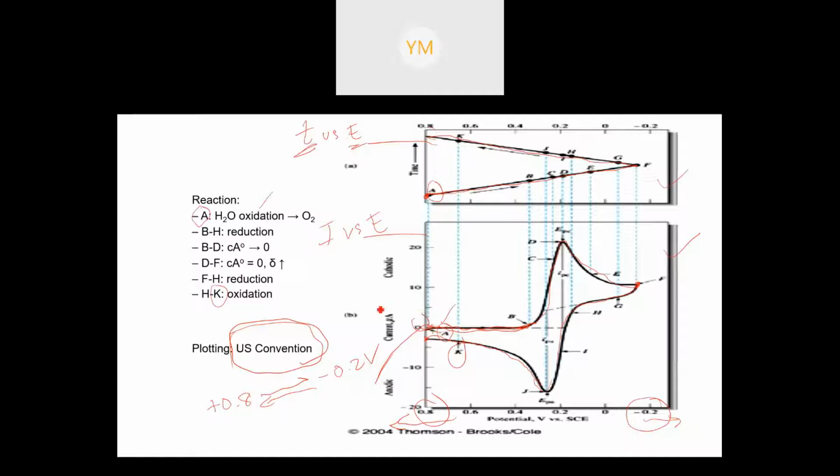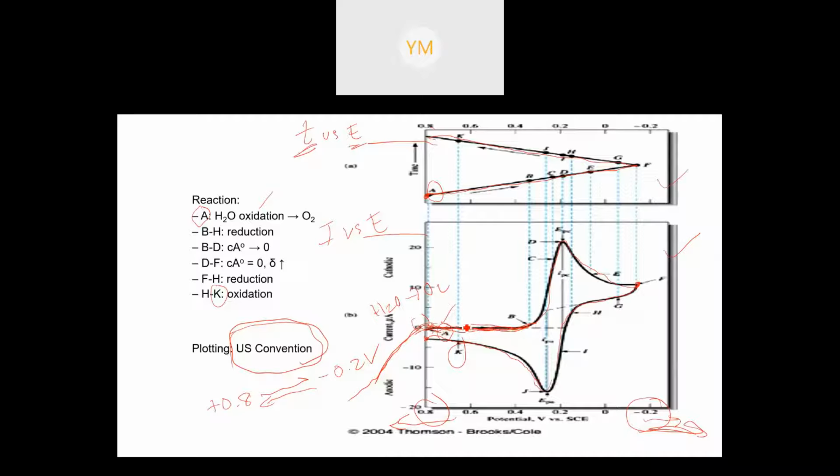Here water will oxidize to oxygen if you go further to more positive potential, but that is not shown here. Then it moves to a more negative value, to the more negative direction.